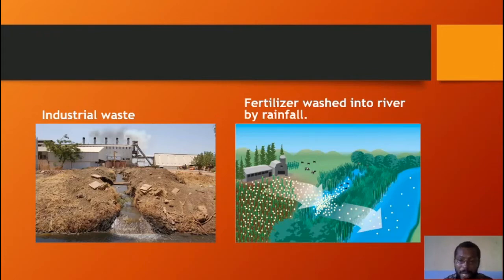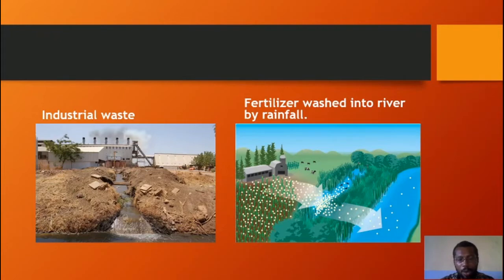Now I will tell you something that happened in Japan around 1970 or 76, I can't remember the date precisely, but it happened around the 1970s. There was an industry close to the river there. The industry was discharging mercury waste into the river. As they were discharging mercury waste into the river, what happened?